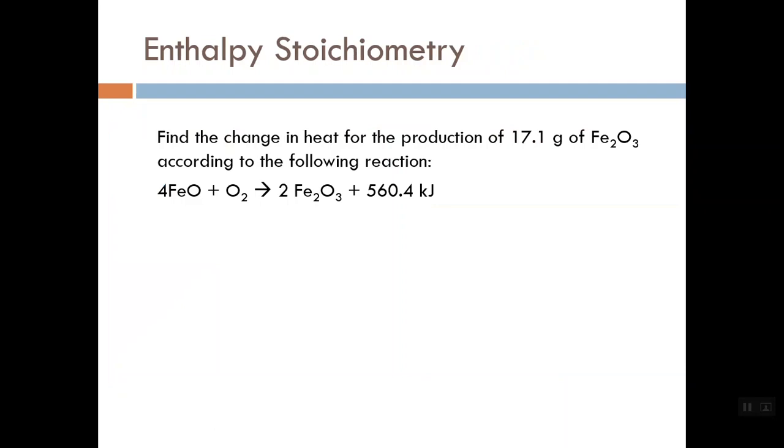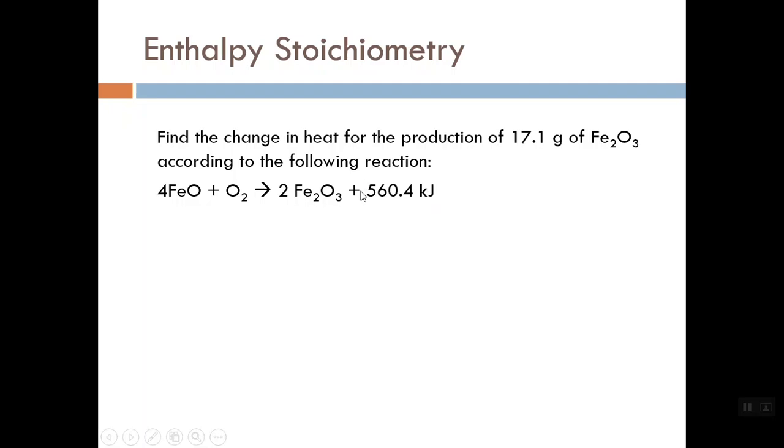So let's take a look at this problem. Find the change in heat for the production of 17.1 grams of iron 3 oxide according to the following reaction. First of all, if you take a look at the energy, we see that it's written as part of the product, right? So what does that tell us about our reaction? It is an exothermic reaction.